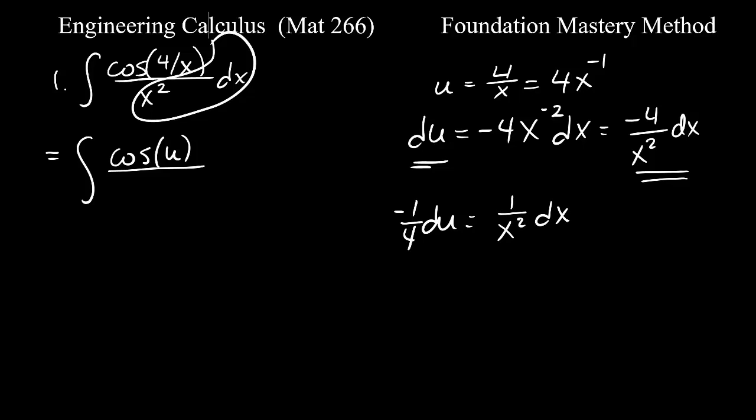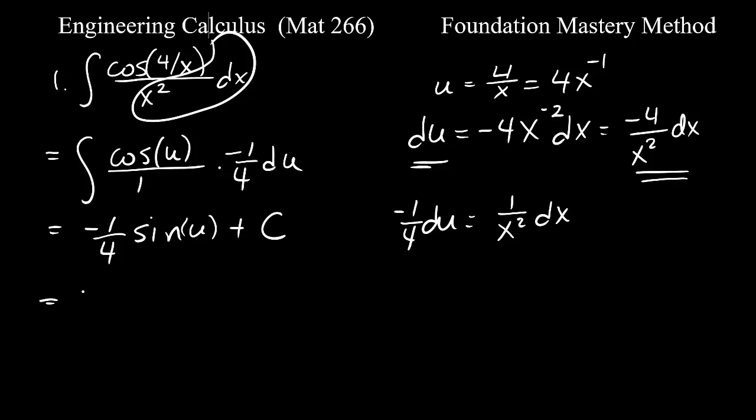So we can replace 1 over x squared dx with minus 1/4 du. Now we have an integral all in terms of u. So if we pull the minus 1/4 out front, we're talking about the integral of cosine of u du, which is just sine of u plus our constant of integration.